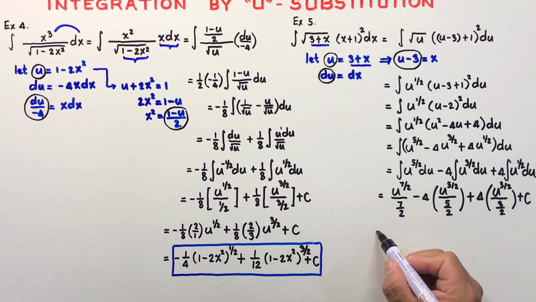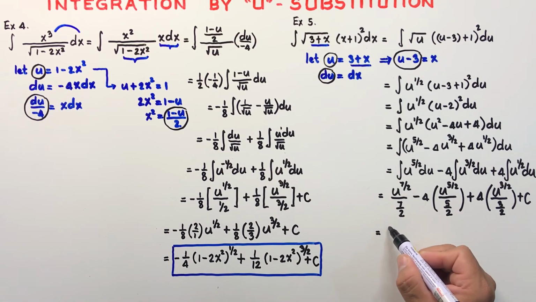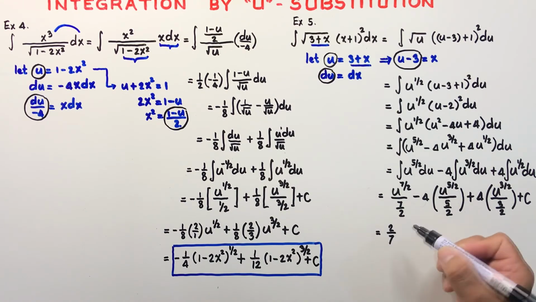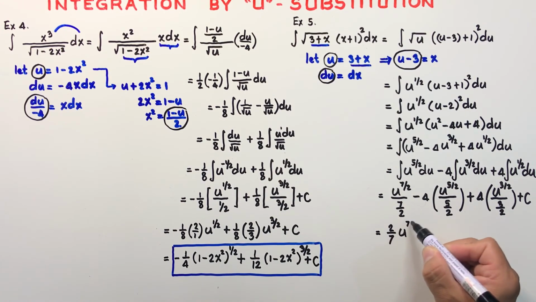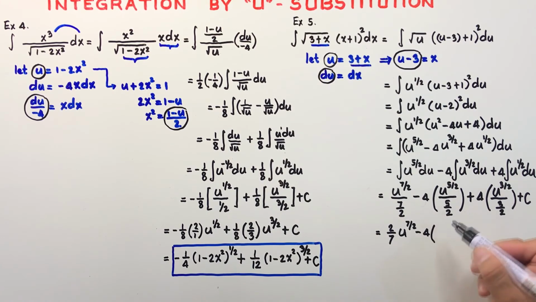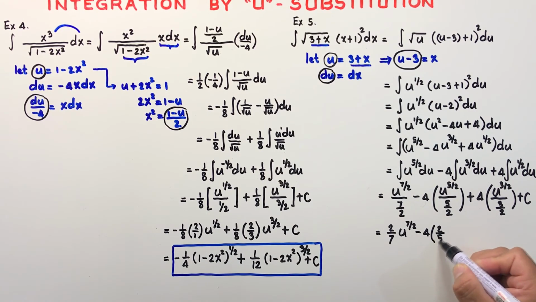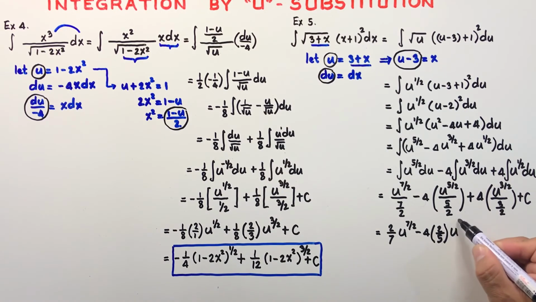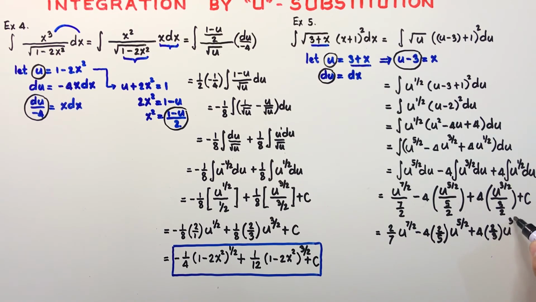So by simple arithmetic, we have 2 over 7 times u to the power 7/2 minus 4 times the reciprocal of this, which is 2/5, times u to the power 5/2 plus 4 times the reciprocal of this, which is 2/3, and this will be multiplied by u to the power 3/2 plus the constant of integration c.